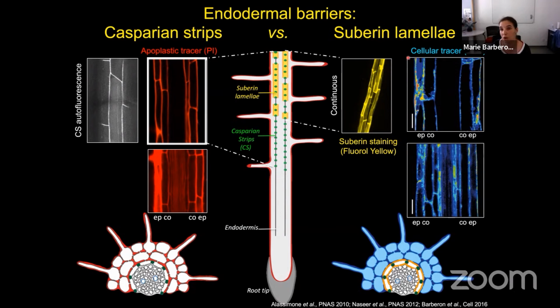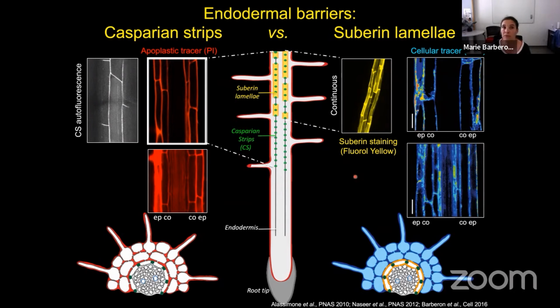We can see that if we follow the uptake of a cellular tracer that can fluoresce only inside living cells. Before suberin is deposited, this tracer can reach all root cell layers: epidermis, cortex, endodermis, and the vasculature. But once there is suberin, its uptake by endodermal cells is blocked. So we have these two barriers, very nice.